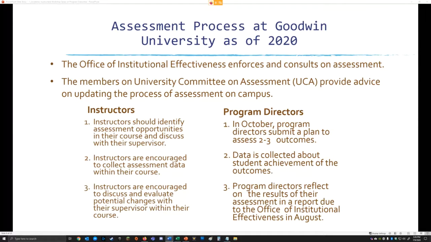So if I look at an assignment I created and I anecdotally assess how my students are doing, I might be able to say, okay, I need to update my directions. I need to make changes to how I'm communicating that information or expressing myself to students so they know what the expectations are.